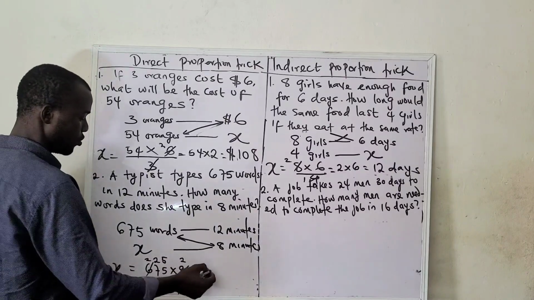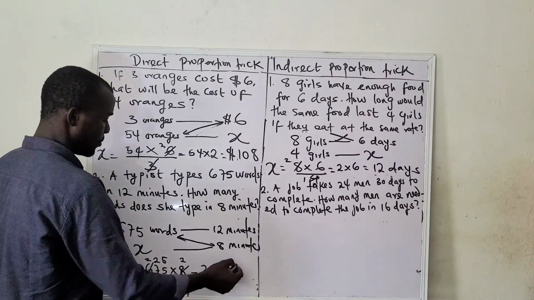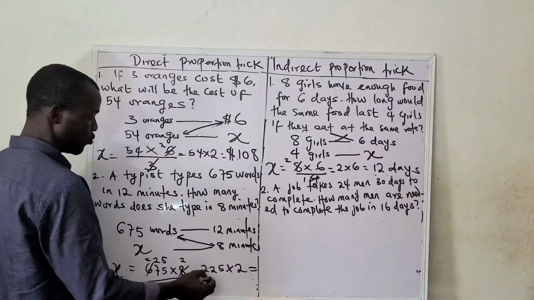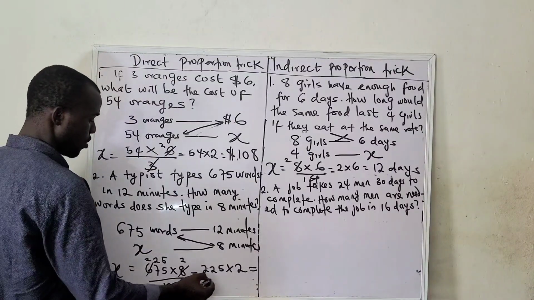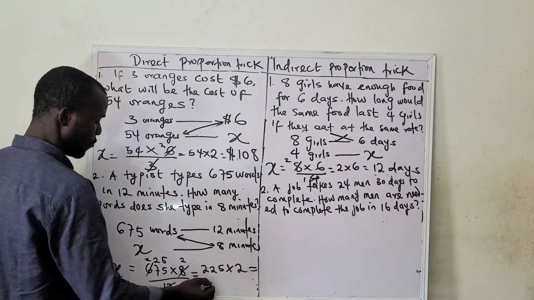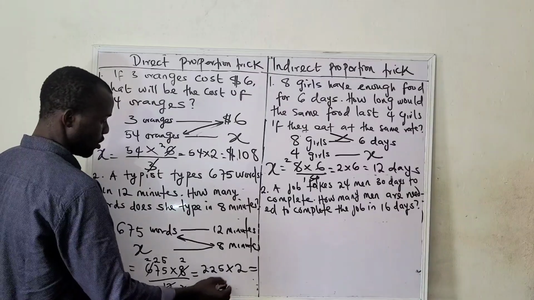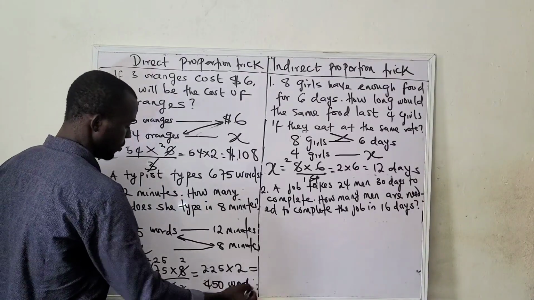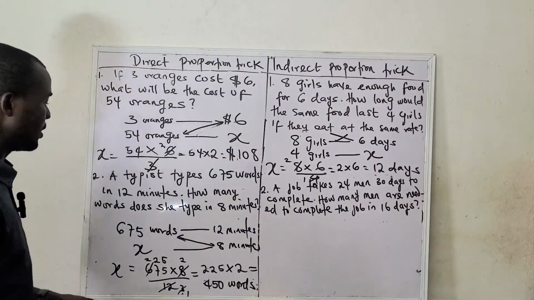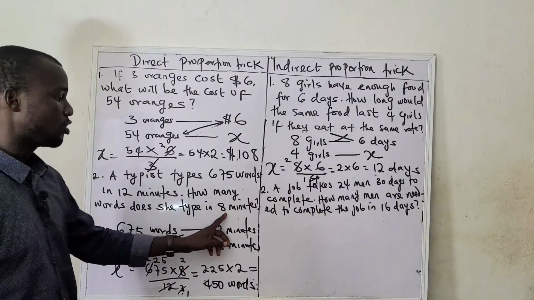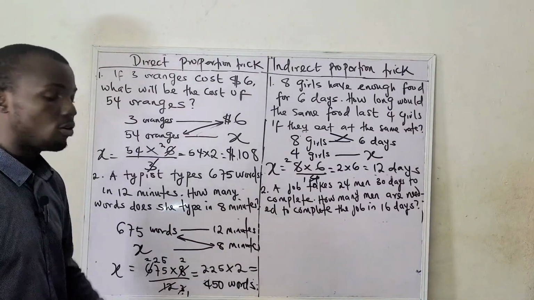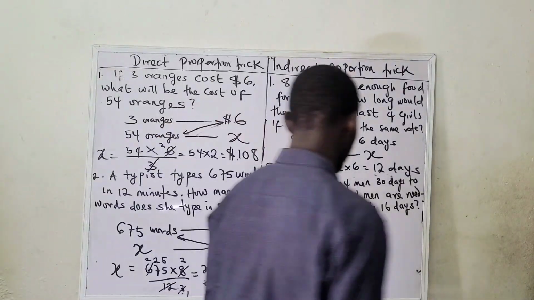So here you have 225 times 2, and that will be equal to 450 words. You can see that because the number of minutes reduces, the number of words will also decrease.